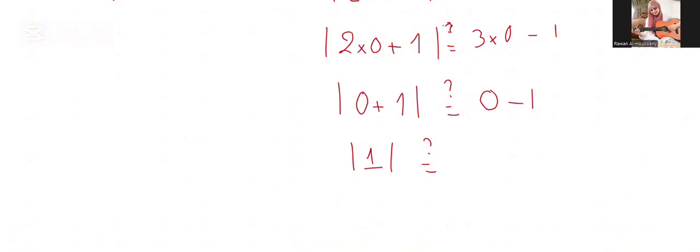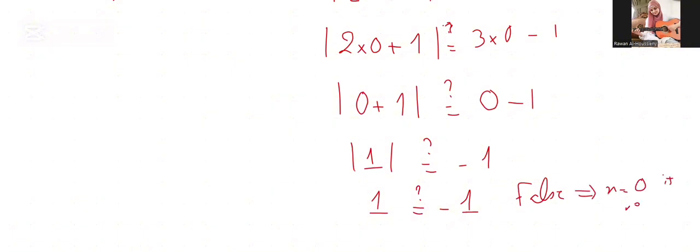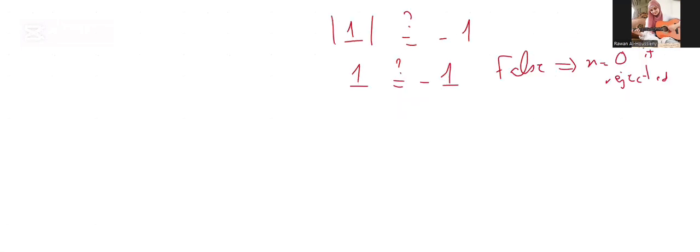So 0 plus 1 in absolute value is the absolute value of 1. Is it equal to 0 minus 1 which is minus 1? The absolute value of 1 gives us 1. Does it equal minus 1? This is false. So here they did not come out equal to each other. That's why we say that x equal to 0 is rejected. So we cannot take it as a solution. So that's why we have to say that x is equal to 2.